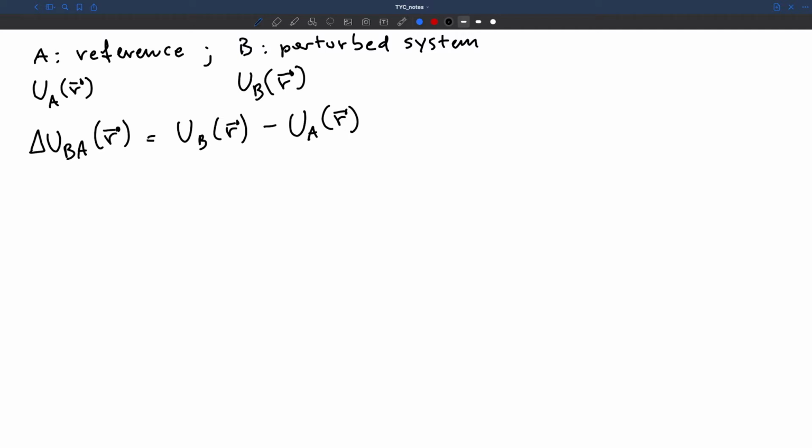In other words, we can write the potential energy of the perturbed system as the potential energy of a reference system U_A plus the perturbation.